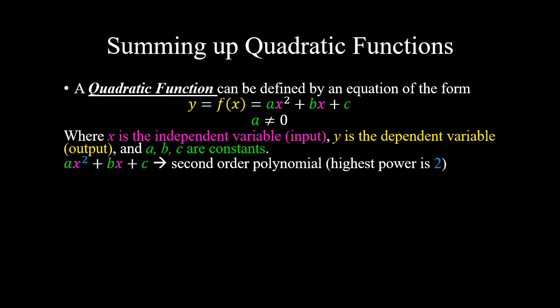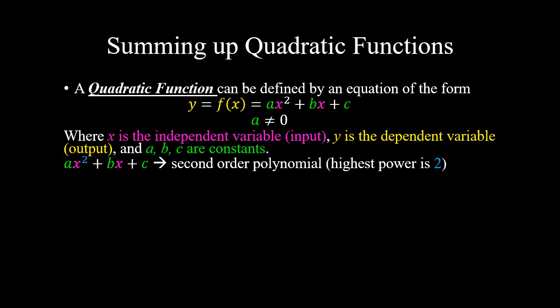We also talked about how quadratic functions are described using second-order polynomials, right? This right here is a second-order polynomial, which just means that our exponent here is 2, okay? Second order. The highest power is 2, okay?